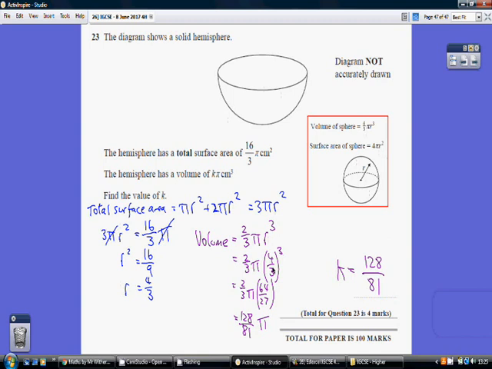Now 4/3 cubed is 64 over 27, so 2 times 64 is 128, 3 times 27 is 81, so that's 128 over 81 pi. Now we're being told that this is k times pi, so k must be 128 over 81.